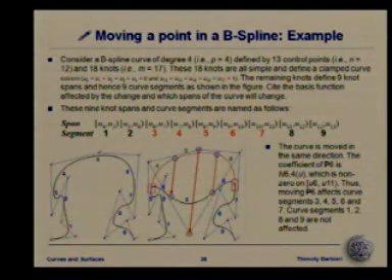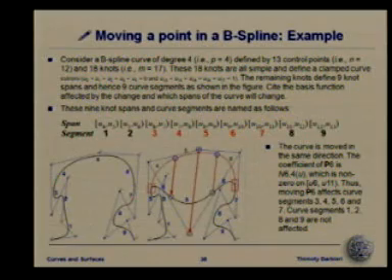But clamped actually means that the curve, you see, starts from the first control point and ends in the last control point. This was a given in Bezier, but it's not a given in B-spline.